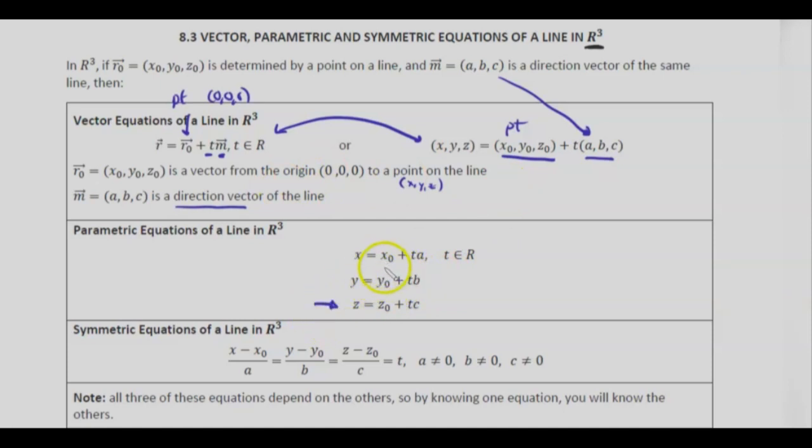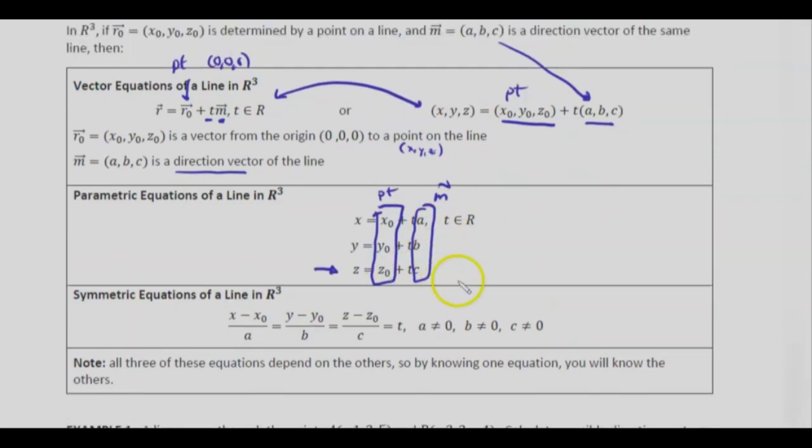Instead of just x naught, y naught, it is now also z naught. These three make up a point, t is an element of the real number system, and a, b, c is the direction vector, we can call it m.